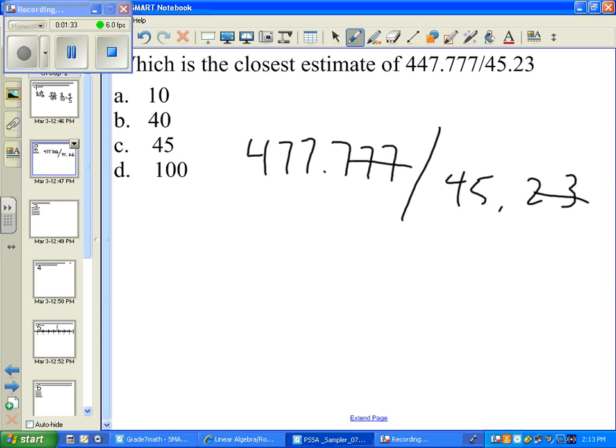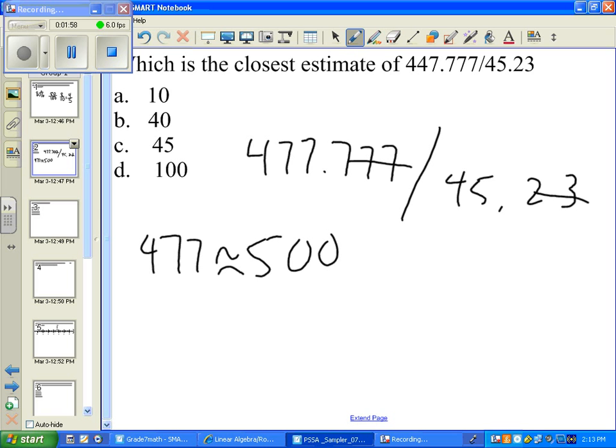And we can round this up. We can round this 477 up to 500. It's approximately equal. It's only 23 away from 500.